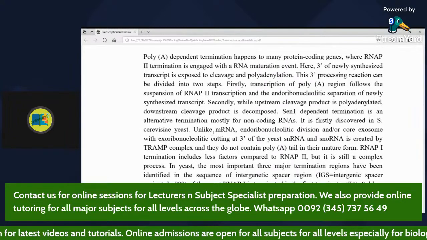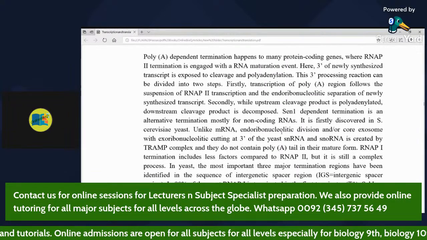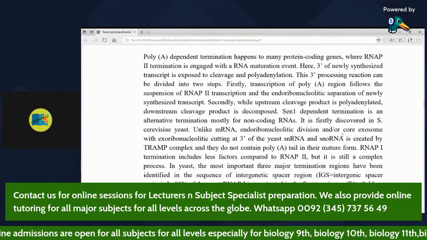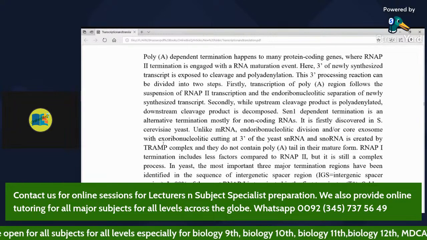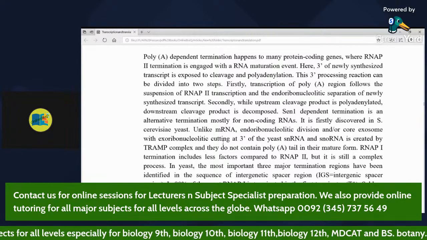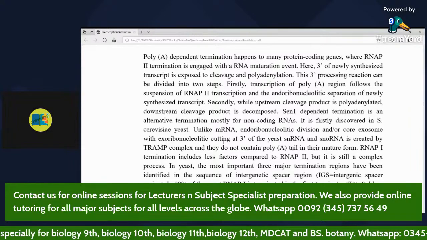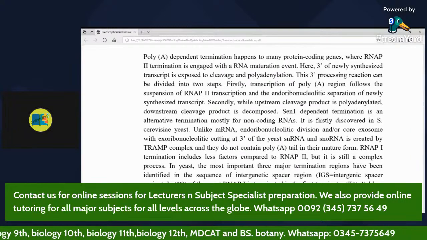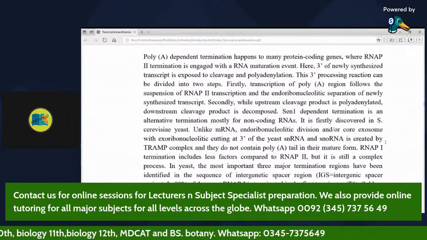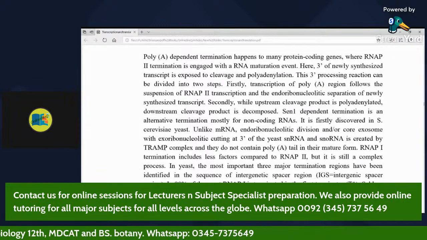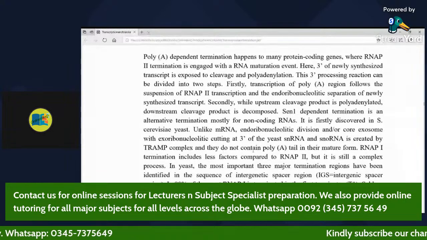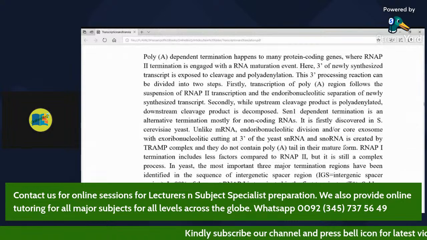Unlike messenger RNA, endoribonucleolytic division and/or core exosome with exoribonucleolytic cutting at the 3' of the yeast snRNA and snoRNA is created by a TRAMP complex, and they do not contain a poly-A tail in their mature form.